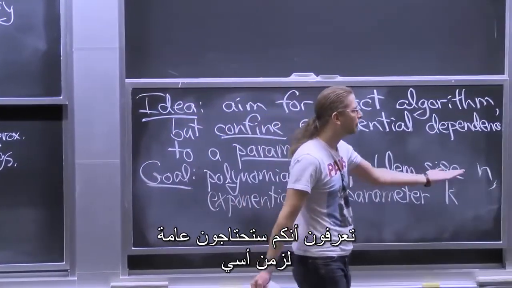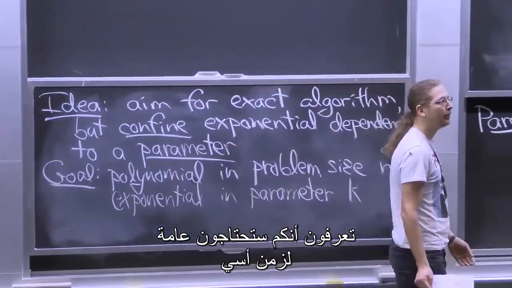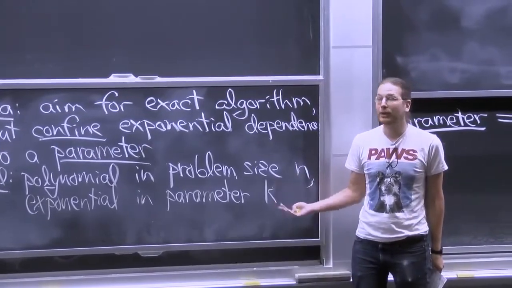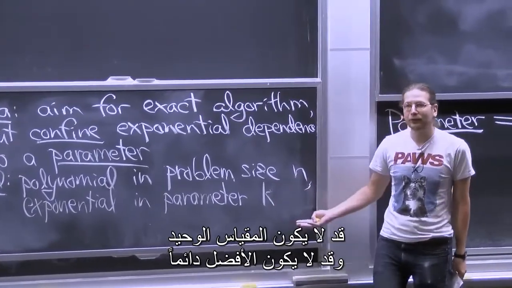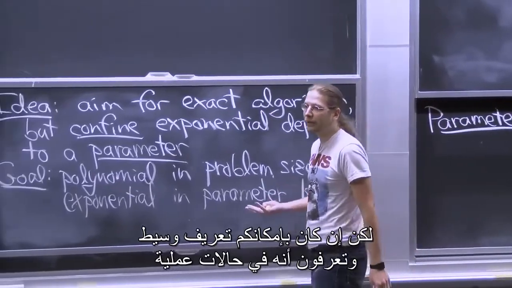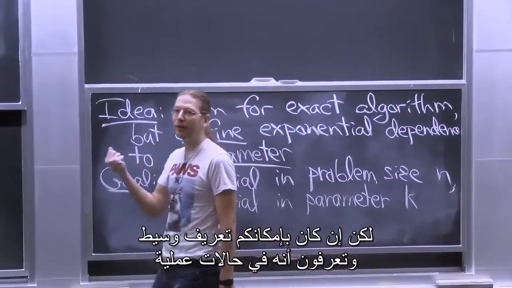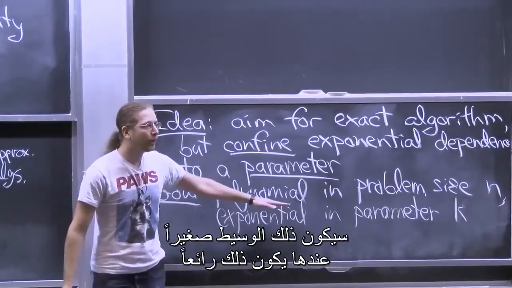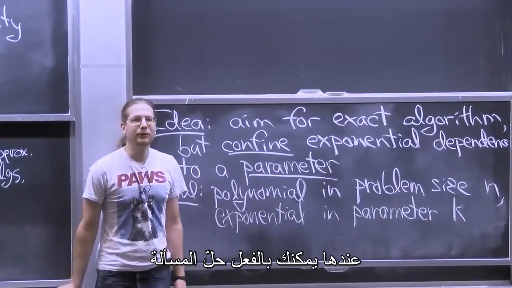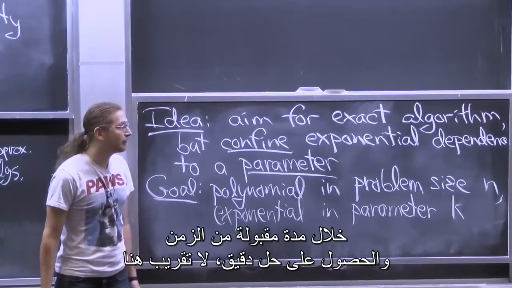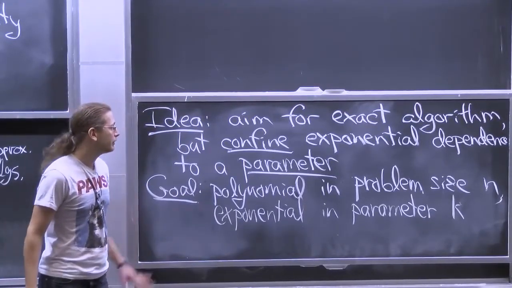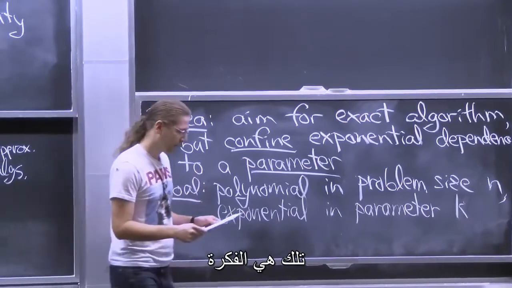You know that in general you're going to need exponential time, but this gives you a measure of how hard your input is. It may not be the only measure, may not be the best one in any sense, but if you can define a parameter and you know that in your practical scenarios that parameter will be small, then you're golden. Then you can actually solve the problem in a reasonable amount of time and get an exact solution, no approximation here. So that's the idea.